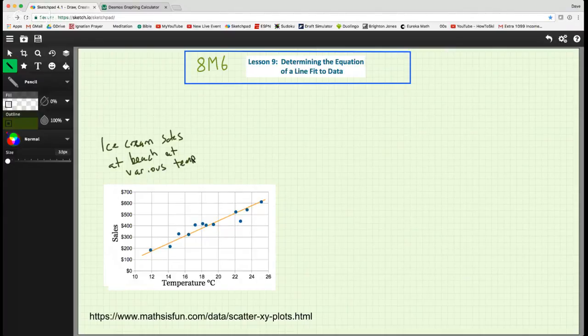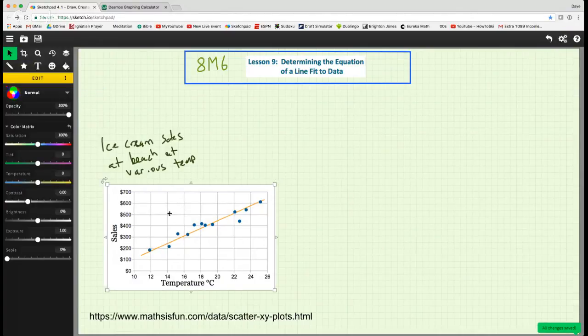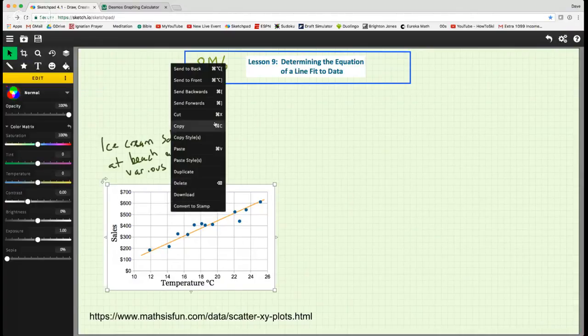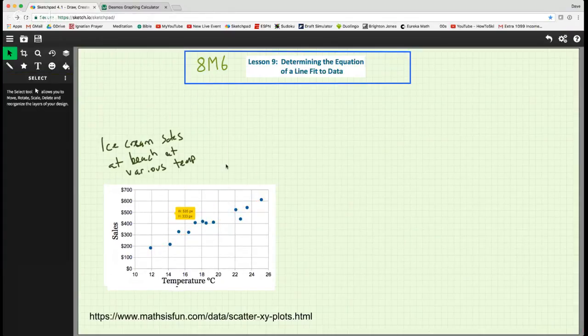Now, what I'm going to do here as well, I'm going to take this and we're going to make the line go away for a second.